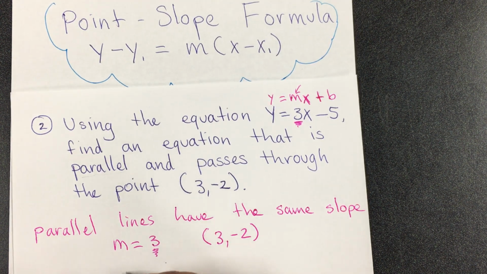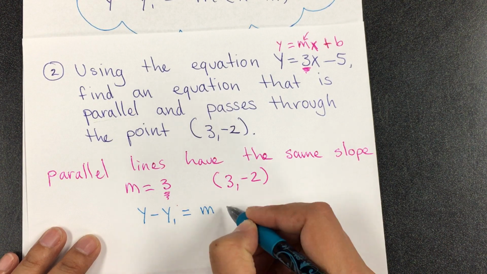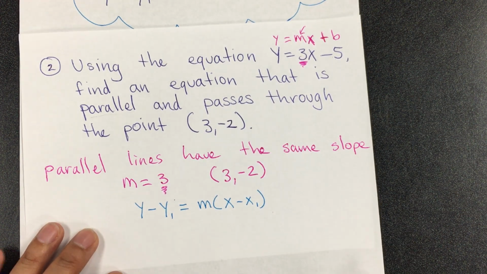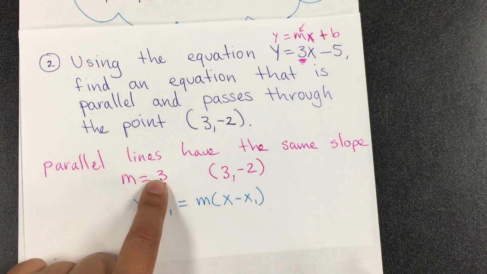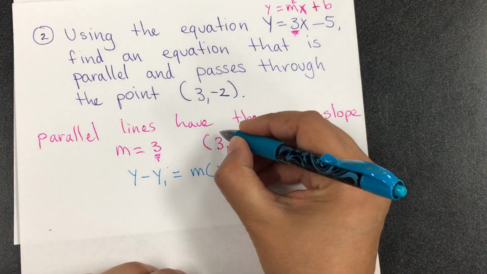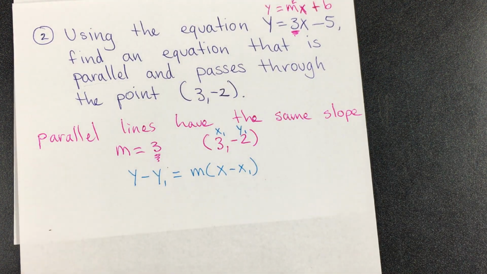Actually, let me write it again. So it's y minus y1 equals m times x minus x1. And since I already know that the slope is going to be the same because they are parallel lines, and that point is the one that we're going to use, that's going to be our x1, y1.